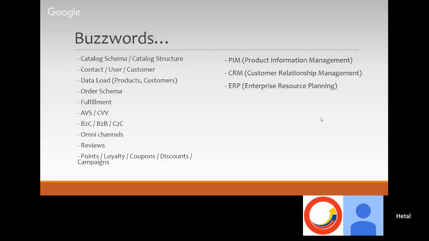Then ERP, enterprise resource planning, is basically whatever happens after an order is placed. That's where ERP comes into play. It is possible at times that ERP and PIM will merge, and the product pricing will always come from an external system, and it will just be populated in our commerce platform. Based on the size and scale of business, of course. It's possible that the business just wants to set up everything in Sitecore Commerce.